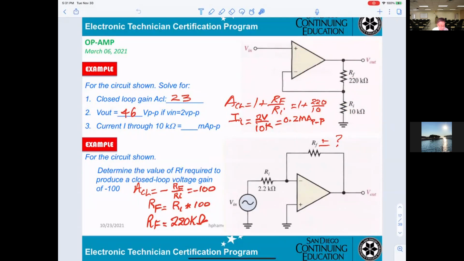If you want to calculate the V out, if you have a V in, take the V in times the gain, okay? And if you add the current going through this resistor RI, then you understand the V in at the positive input and the V at the negative input will be the same.